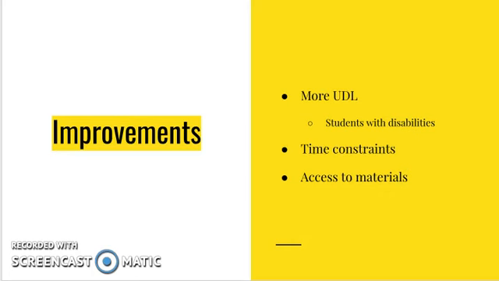Most lessons are about 50 to 60 minutes, so it's about how much flexibility you have as a teacher to fit these in. Depending on the district or school you're at, the budget that you're given, you may not have access to materials if you are at more of a low income school. So just things to consider.